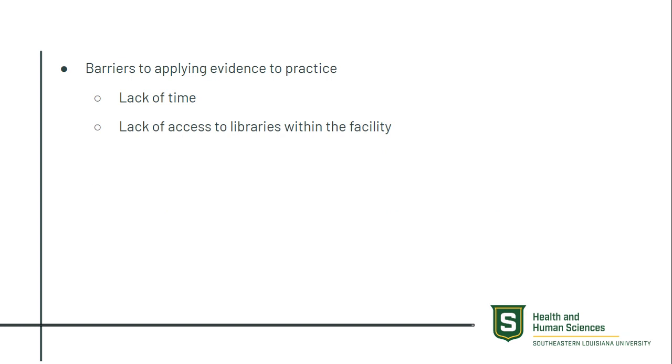But outside the university, some people have to rely on paying for the research that they have. So that lack of access is a barrier. This is not just a physical library in the facility, but also an electronic library, being able to afford to pay for the subscriptions to those journals.